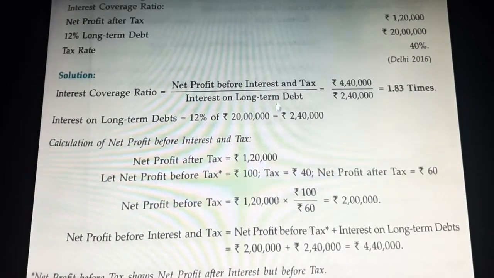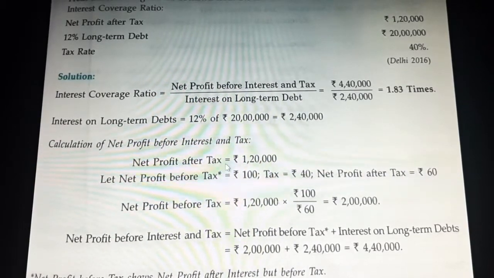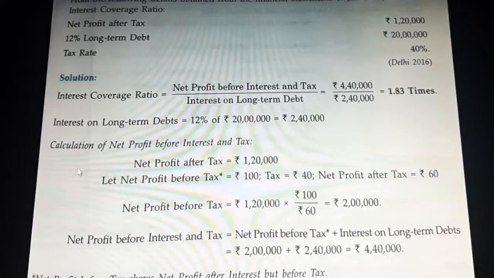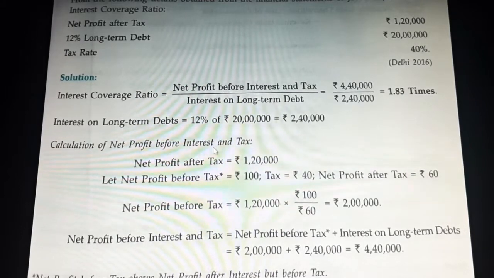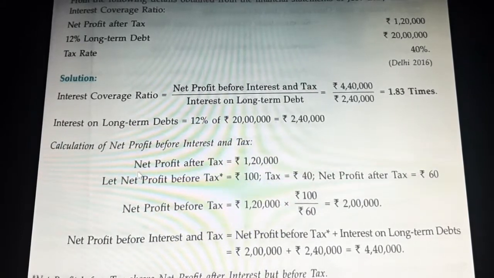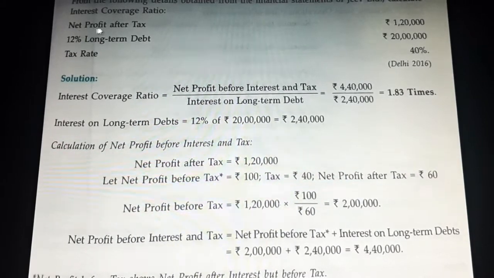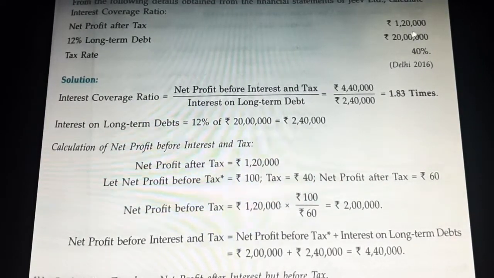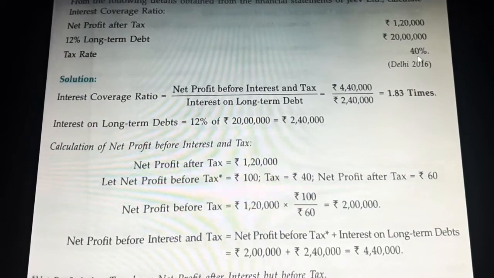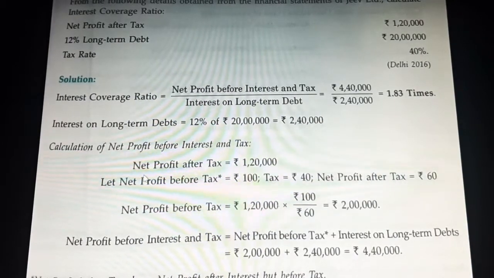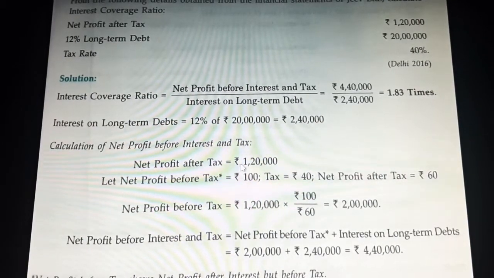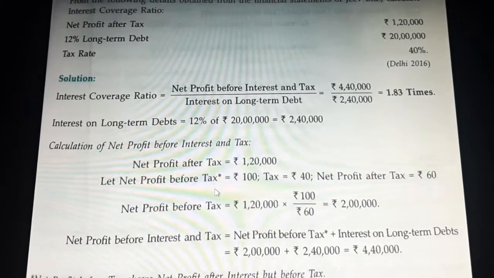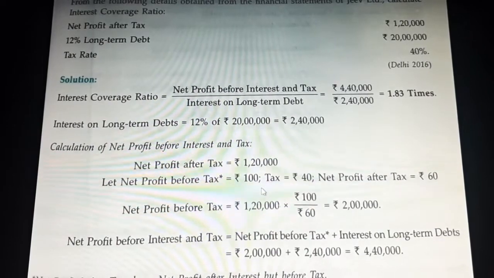Next is calculation of net profit before interest and tax. Here you have to use some algebraic method. You are given in the question net profit after tax, 1,20,000, and tax rate is 40%. Let us assume that net profit before tax is 100.